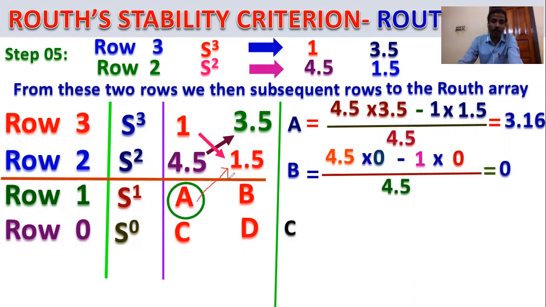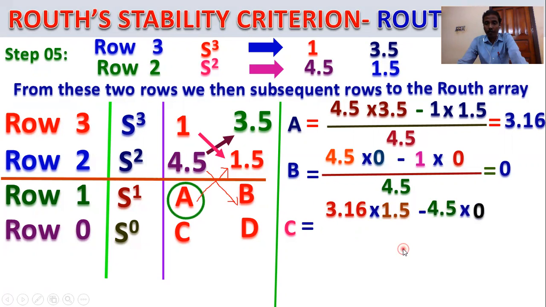Then calculate C. C equals A into 1.5 minus 4.5 into B, divided by A. With A equal to 3.16 and B equal to 0, C equals 1.5.